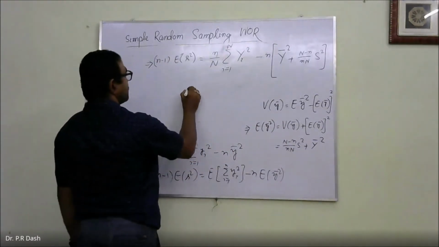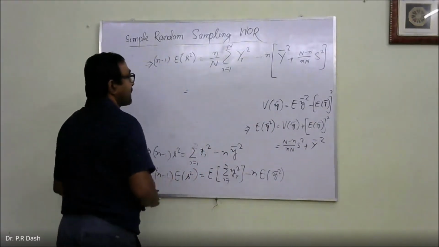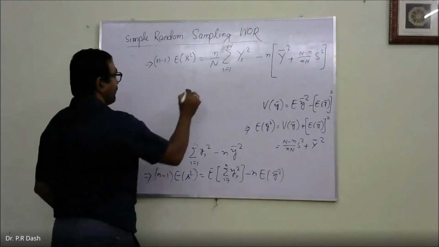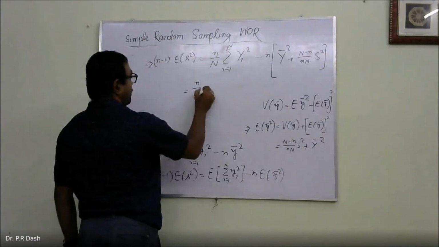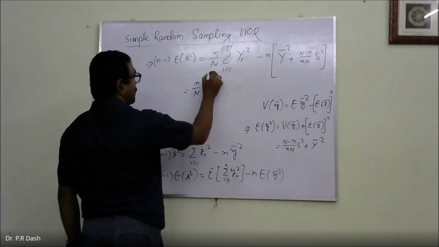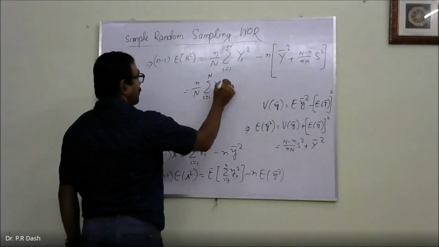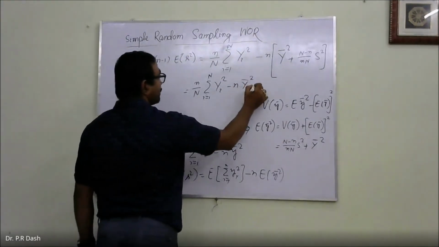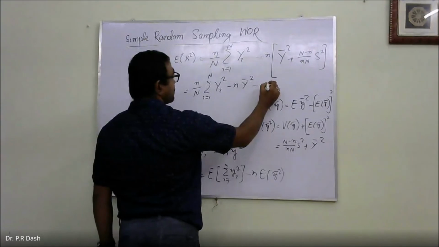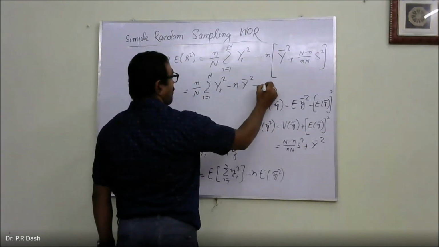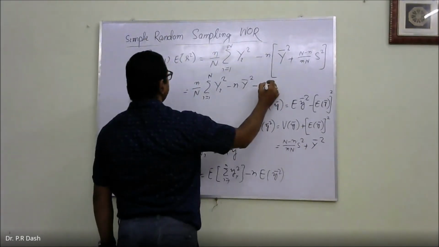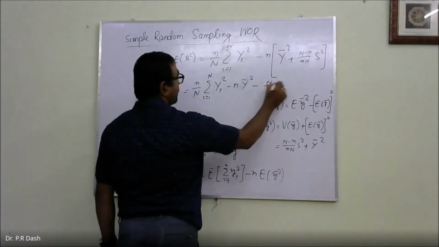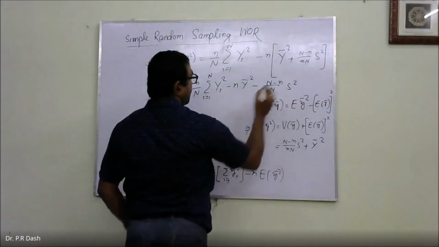So that is equal to n by n summation i equal to 1 to n y square minus n y bar square minus n minus n by n s square.